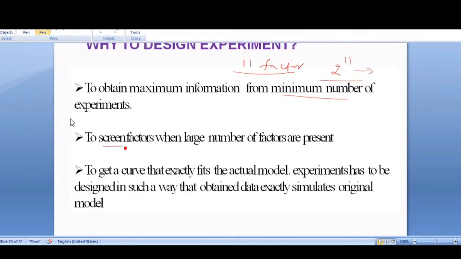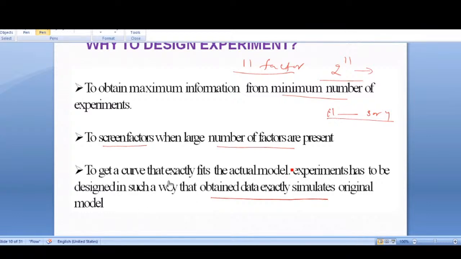So then screening of the factors. As I said, there are 11 factors. You have to reduce those 11 factors to 3 or 4, then it is fine. So you can conduct all the experiments, and then get the exact fit of the actual model. Experiments have to be done in such a way that the obtained data fit exactly.